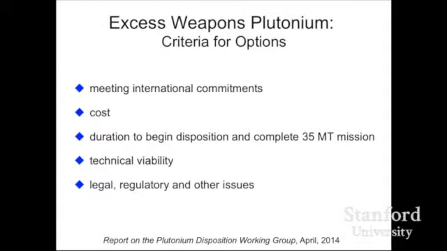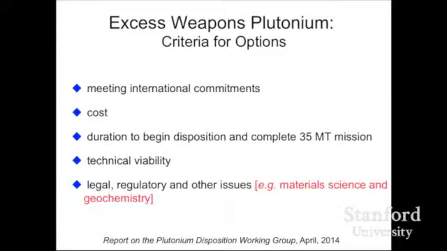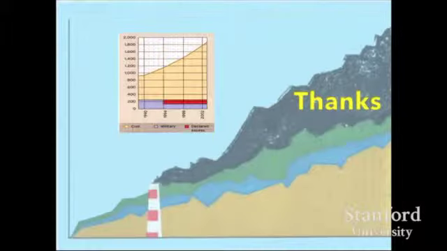And what I want to say, the takeaway message, is the other issues are the material science and geochemistry I've been discussing. So 20 years later, we're reviewing essentially the same set of options, but not very well informed by 20 years of progress in material science and geochemistry.